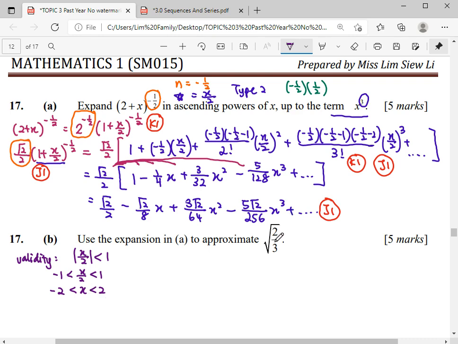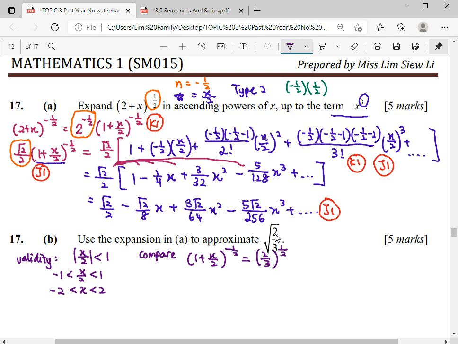After we find our valid x, we have to find a suitable value of x that can make our expansion become square root of 2 over 3. Okay, so we will try to compare. You can see this is a square root, which means power 1 over 2. So this is also power 1 over 2, but their powers differ in sign. So I compare my expansion, which is 1 plus x over 2 to the power negative half, to the value we want to find, which is 2 over 3 to the power half.